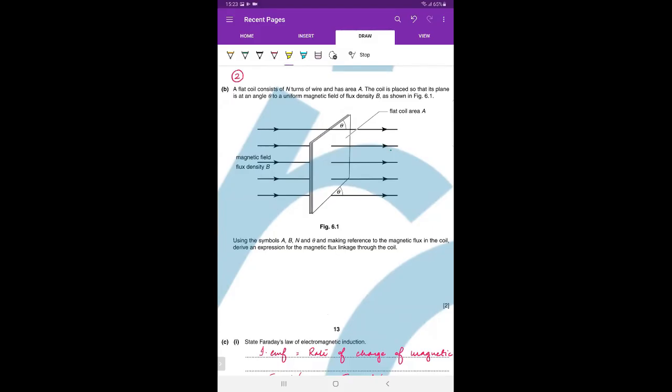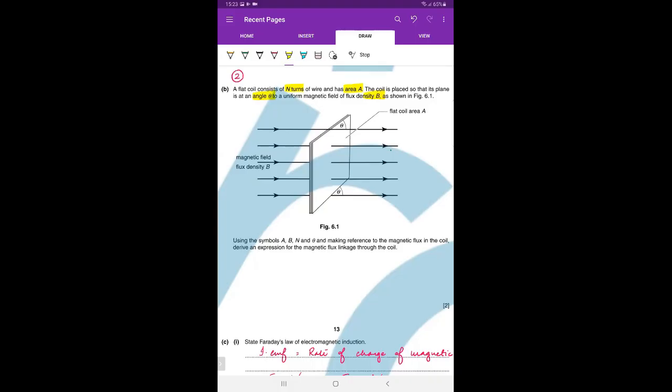So the question says that you have a flat coil comprising n number of turns. The area of the coil is A. The coil is placed in a manner such that its plane makes an angle of theta with the field lines. Okay, so look carefully. The coil is not perpendicular.